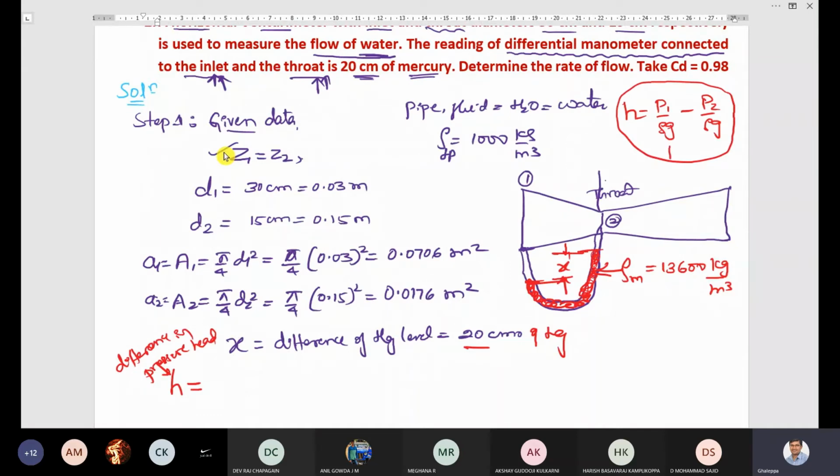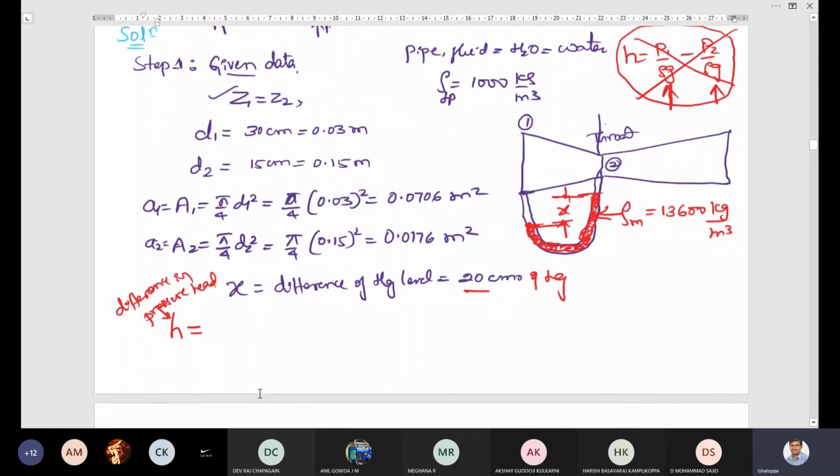But here in this problem, we don't know P1 as well as the pressure at the throat, so we cannot use this equation. We have to use the other equation, H is equal to X into specific gravity terms. The formula for determining H depends upon two conditions: whether the density of the fluid flowing through the pipe is more or the density of the manometer fluid is more. Here for our problem, the density of the manometer fluid is more than the density of the fluid in the pipe.